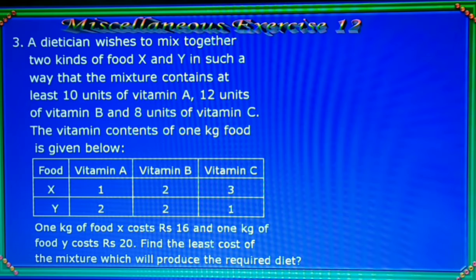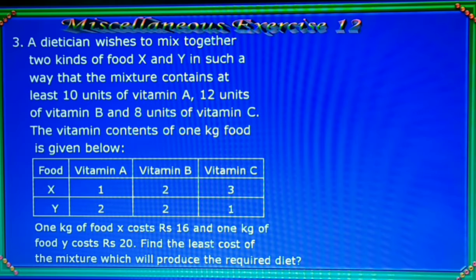Food Y contains 2 units of vitamin A, 2 units of vitamin B, and 1 unit of vitamin C. 1 kg of food X costs rupees 16 and 1 kg of food Y costs rupees 20.